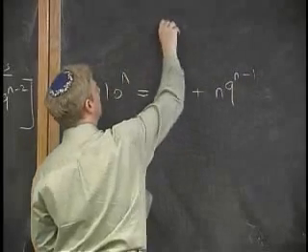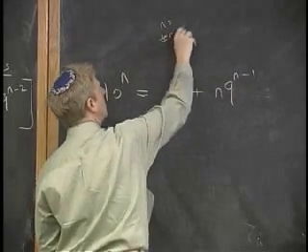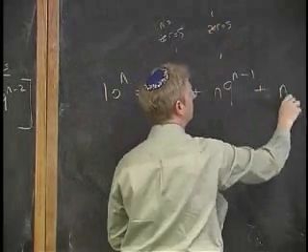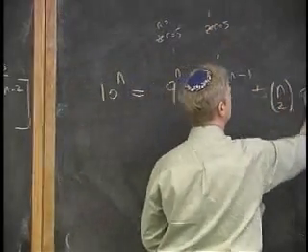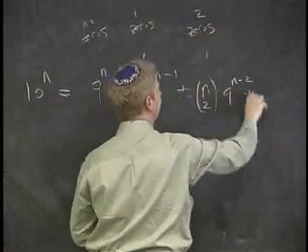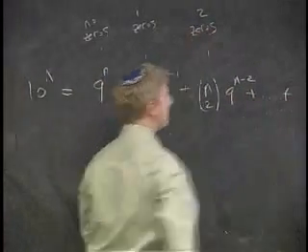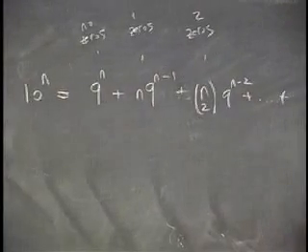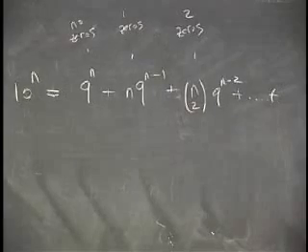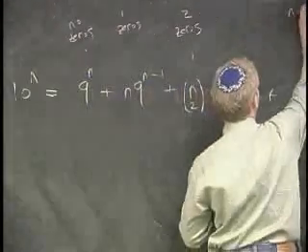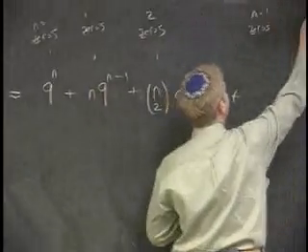I'll write up here, no zeros, 1 zero, 2 zeros. How far do I go? No zeros, 1 zero, 2 zeros, or n zeros, or they're all zeros. So I'll do the last 2 terms. Here's n minus 1 zeros, and here's n zeros.